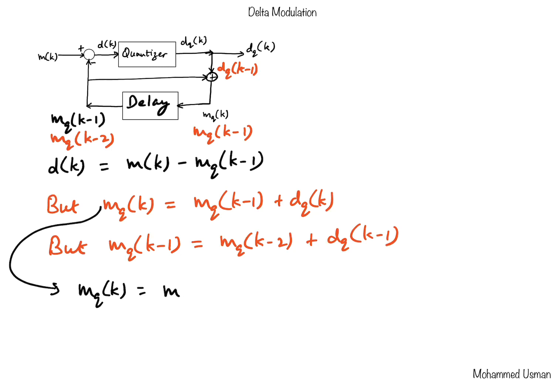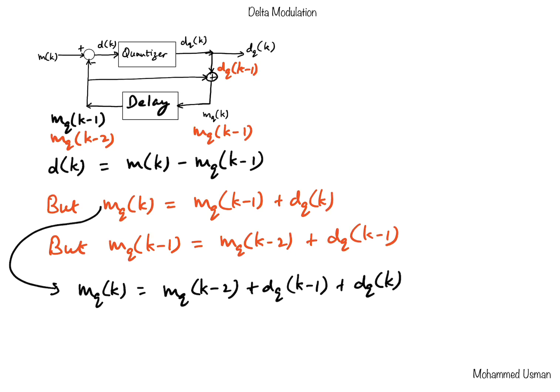So we can write it as mq[k-2] plus dq[k-1] plus dq[k]. This term, mq[k-2] plus dq[k-1], is representing mq[k-1], plus the dq[k] we have here. We can again go back one more step, and likewise we can keep iterating backwards.